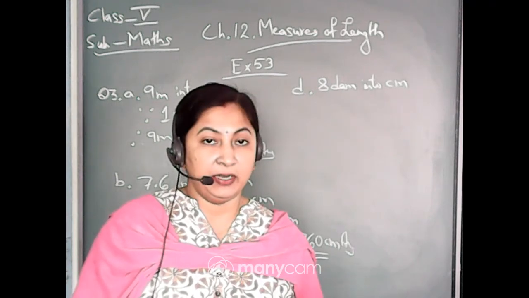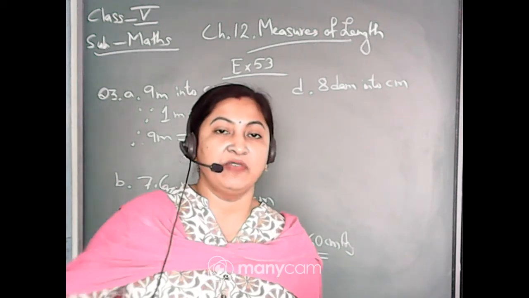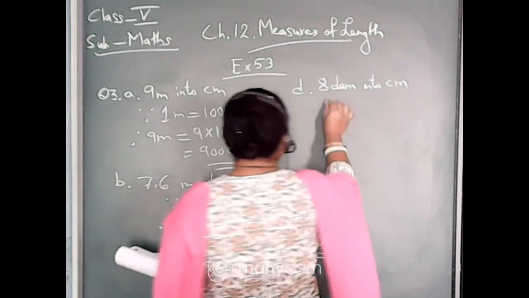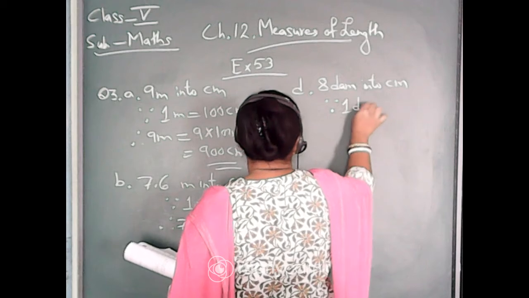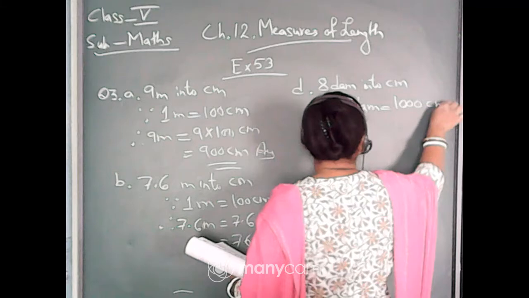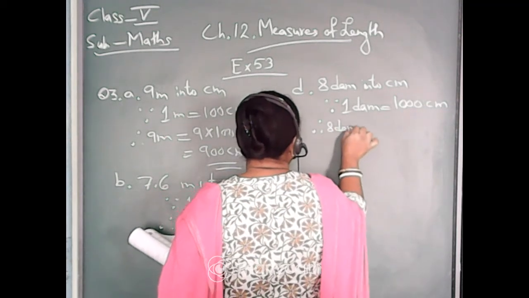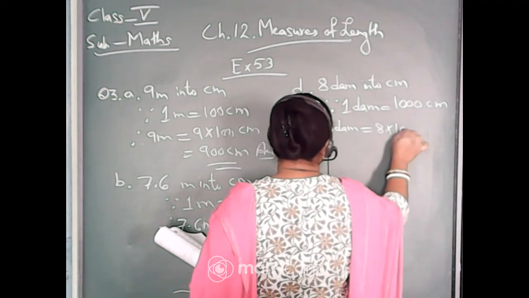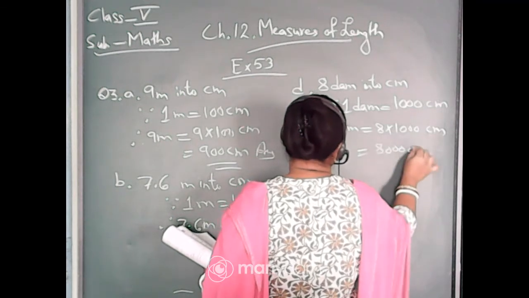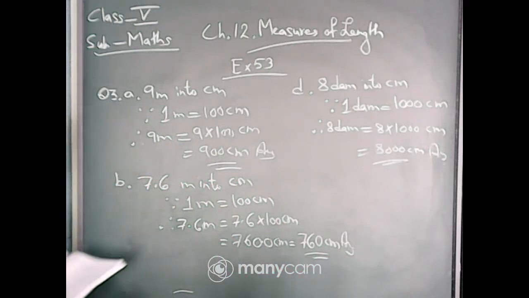This we know from the chart given in the book, from higher to lower units. So we will write, since 1 decameter is equals to 1000 centimeter, which is the lower unit, therefore 8 decameter is equals to 8 into 1000 centimeter. That means 8000 centimeter is the answer.